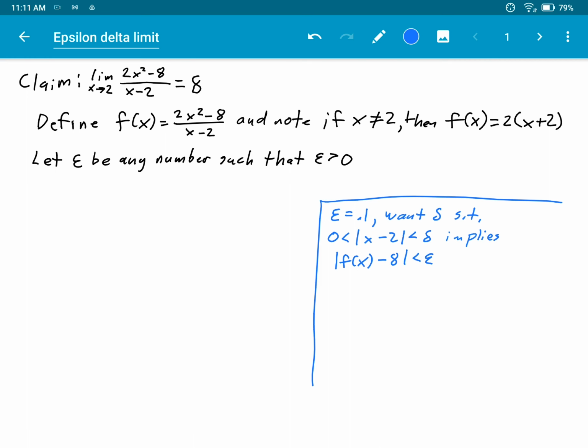So if x is within delta of 2, then f of x is within epsilon of 8. But my epsilon, in this case, I'm assuming is 0.1.